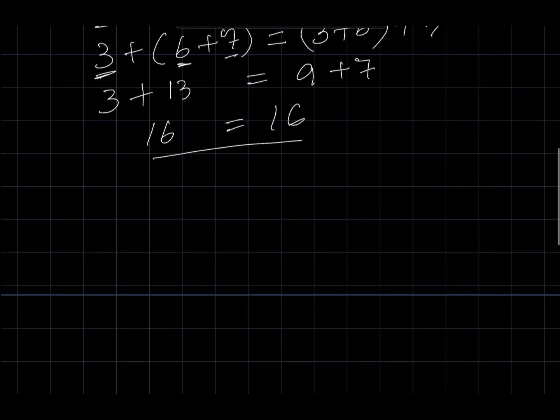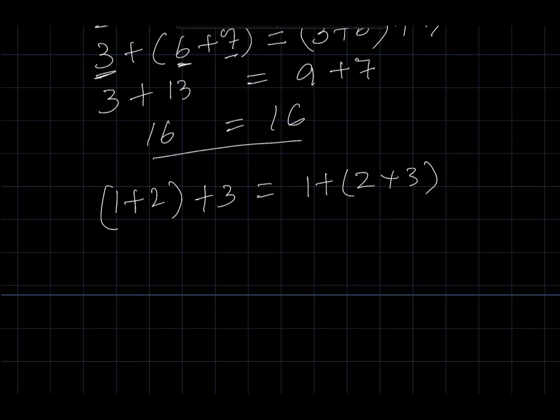We'll see another example for multiplication. But okay, let's do one more example in addition. Let's say (1 + 2) + 3 is exactly equal to 1 + (2 + 3). What does that mean?